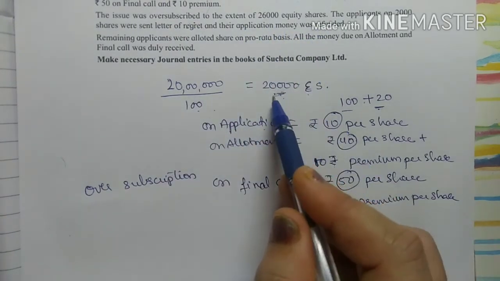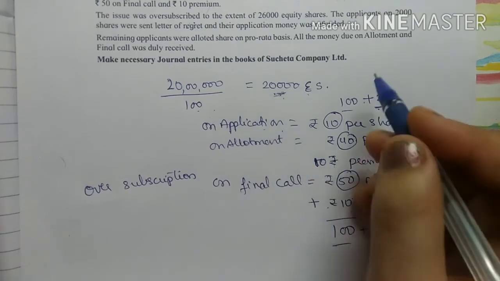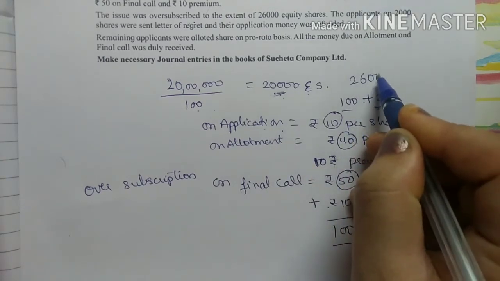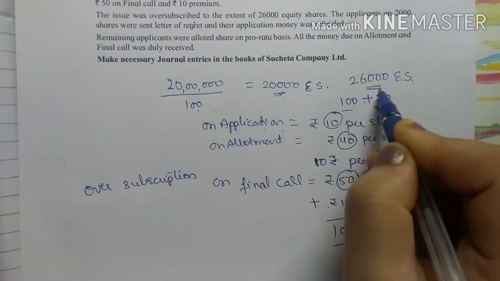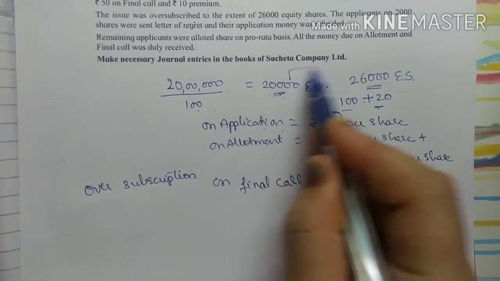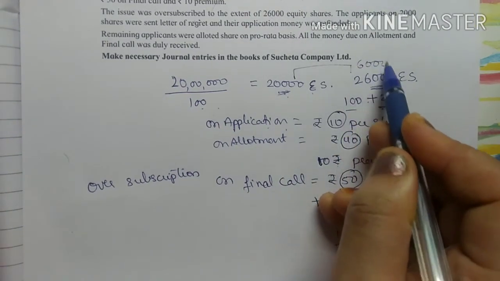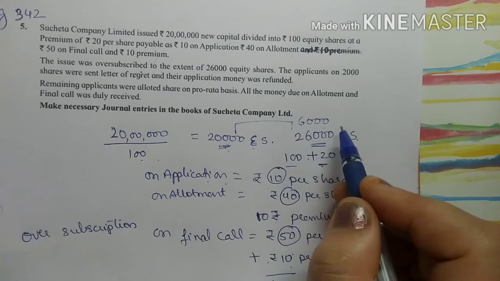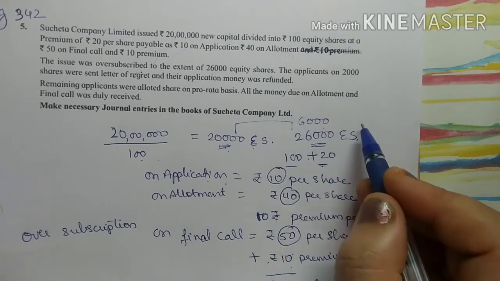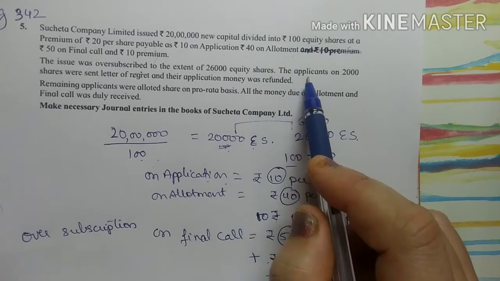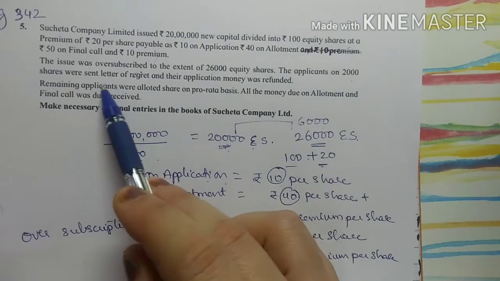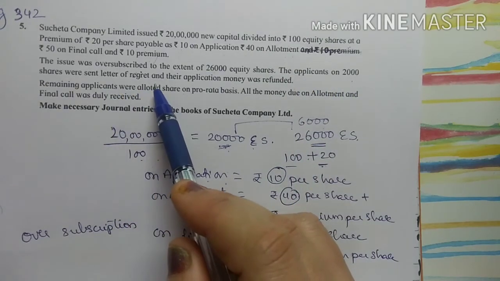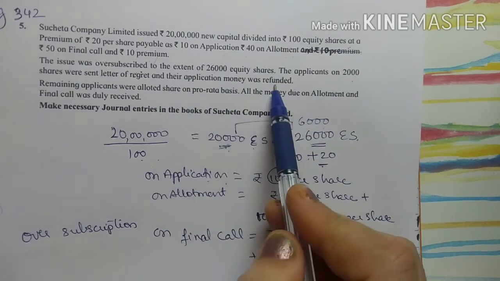Now they have issued only 20,000 equity shares and oversubscription was 26,000 equity shares. So the difference is how much? 6,000 equity shares. 6,000 shares have been subscribed extra. So now what they have decided, that applicants on 2,000 shares were sent the letter of regret and their application money was refunded.